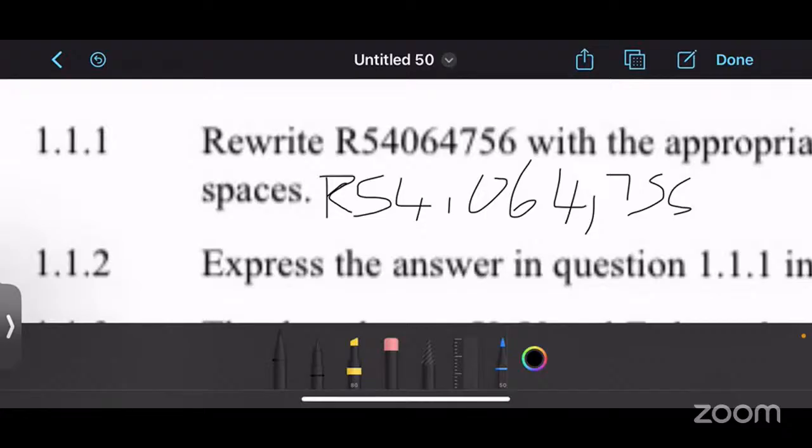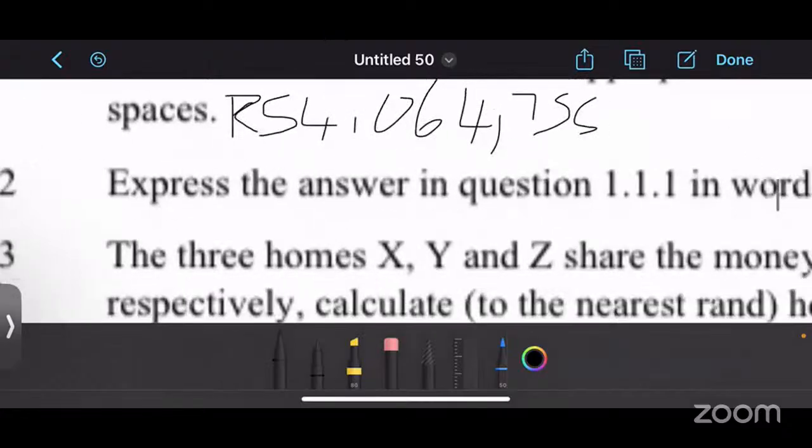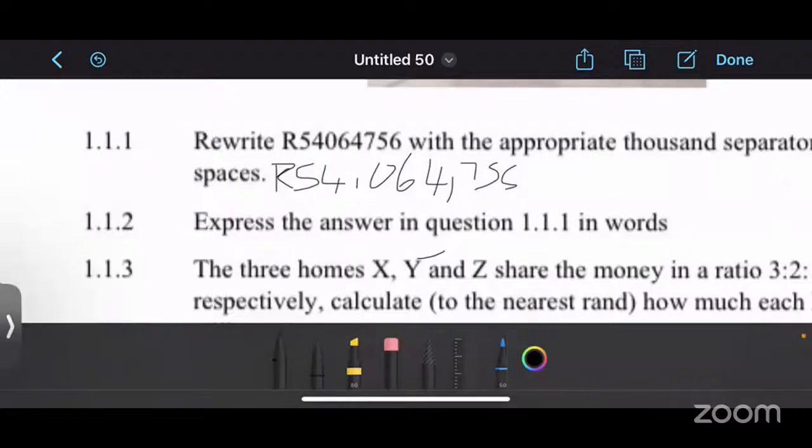And then the next question says express the answer in question 1.1.1 in words. So basically for us, it's not going to be words. You're just going to call the number out, which you already did, but you can do it again.